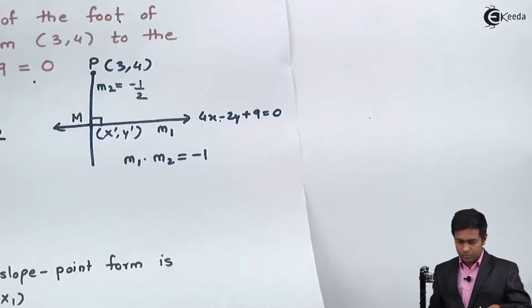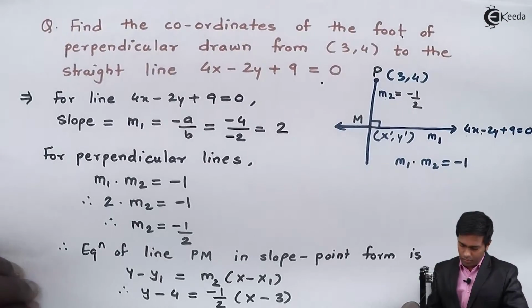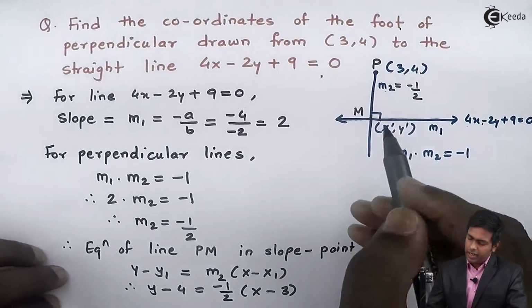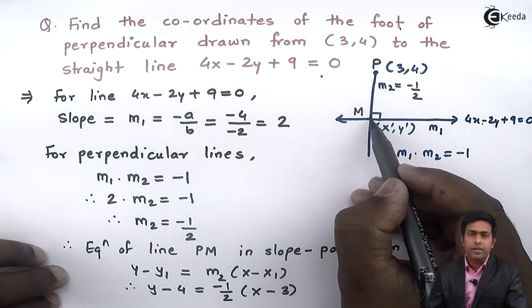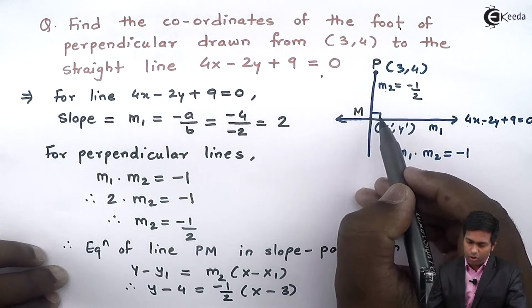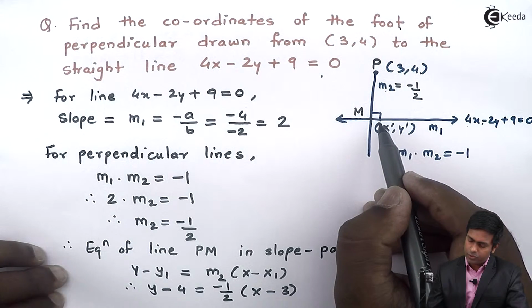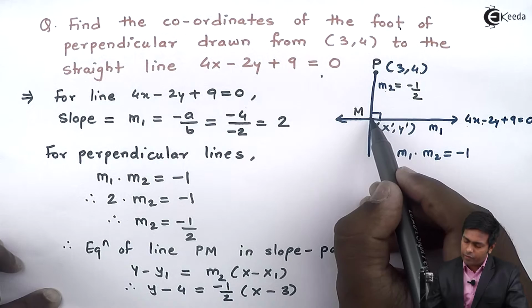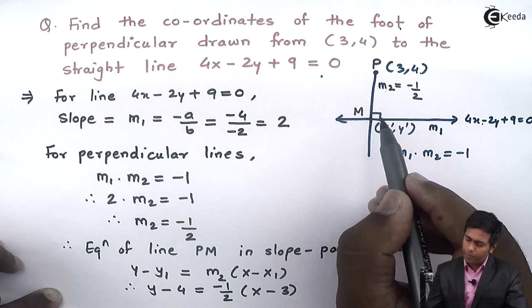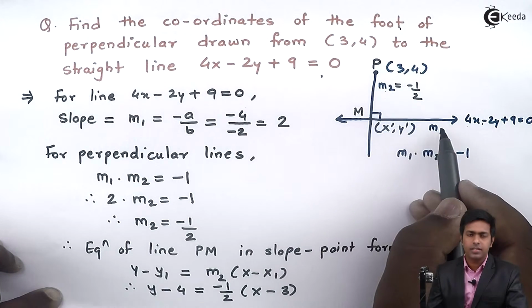Now we can say that the required point is the point of intersection of the two lines.